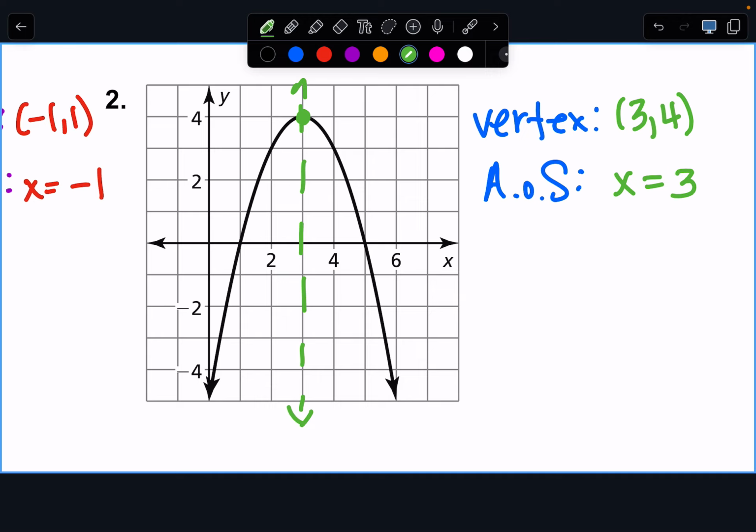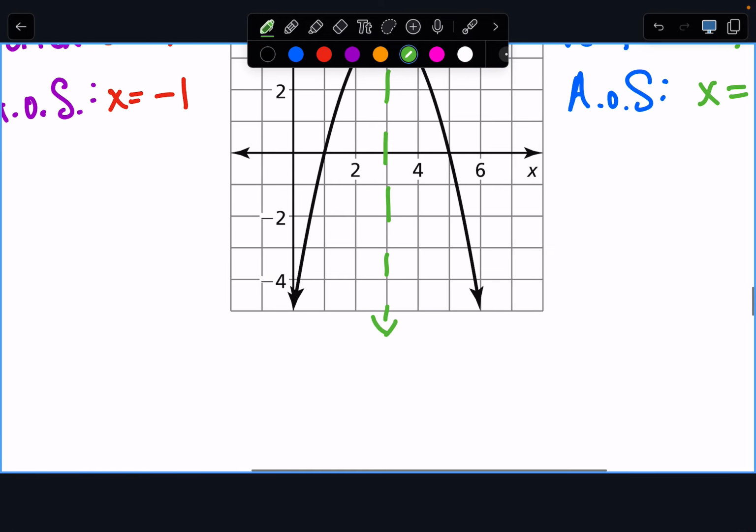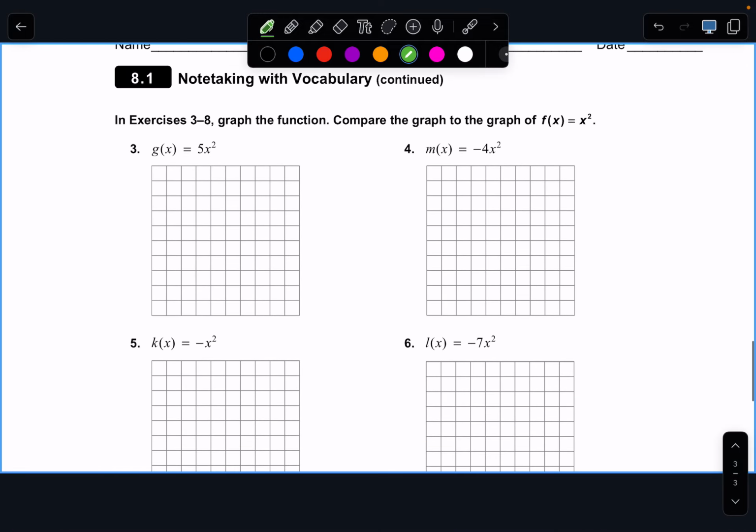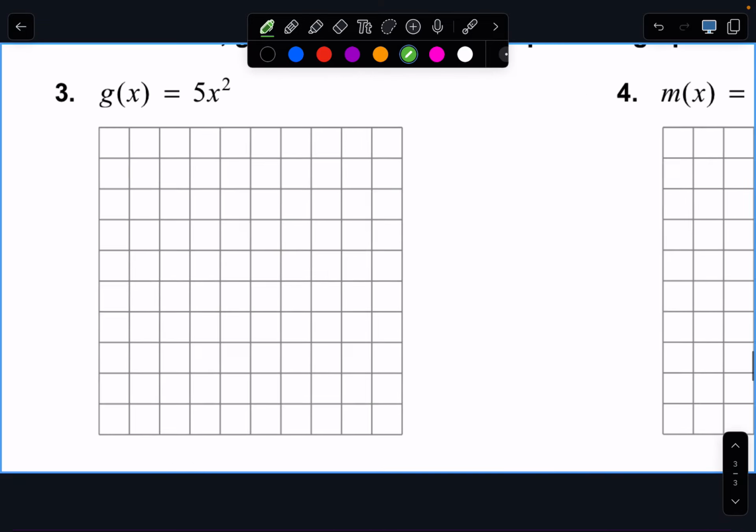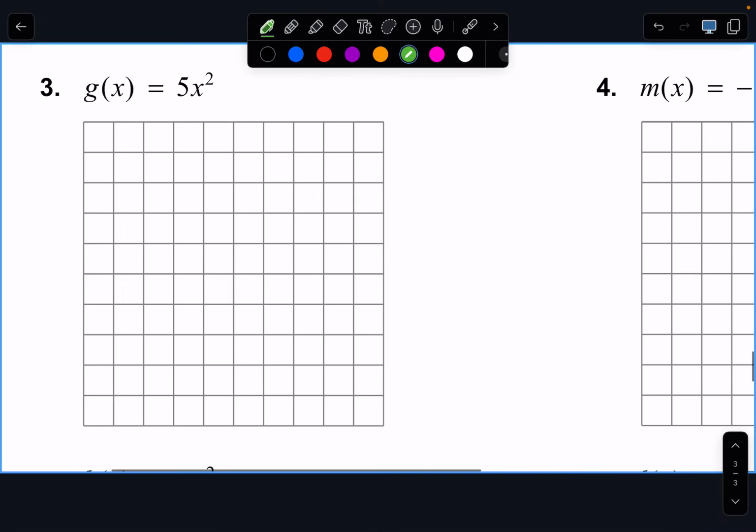Okay? All right. Now, let's talk about how I would want you to graph these. So, the first thing, when we look at number 3, I want to ask you, how does this compare to y equals x squared? It's backwards. It says g of x. That's okay.